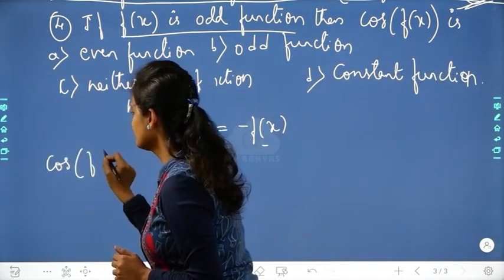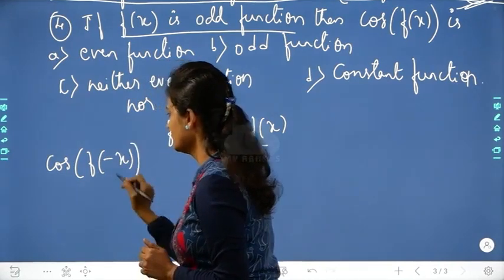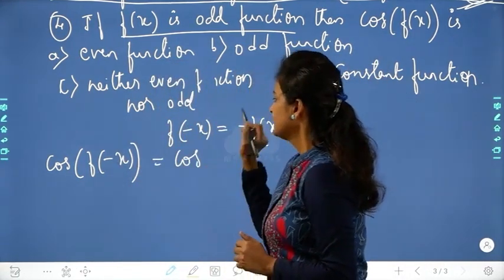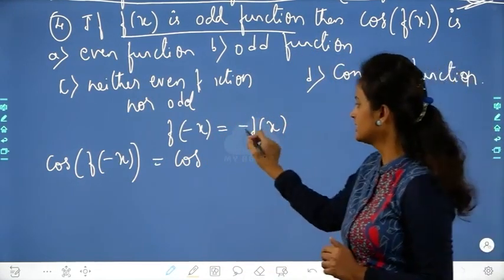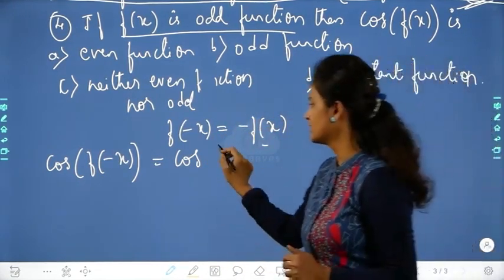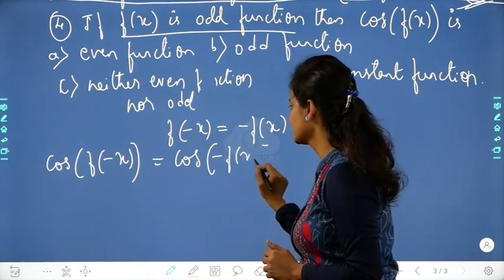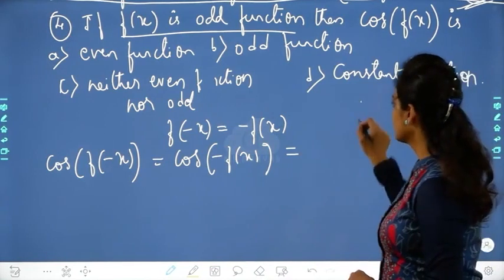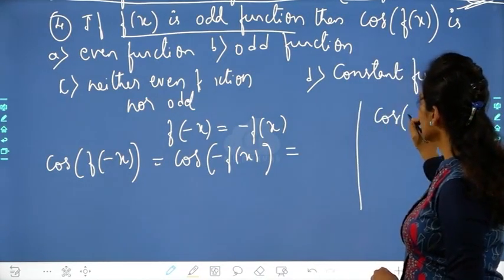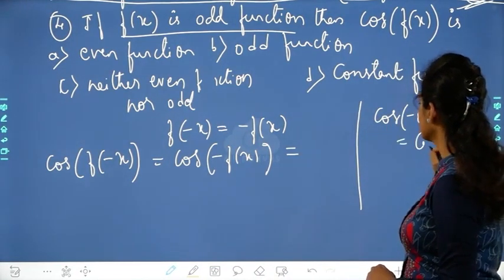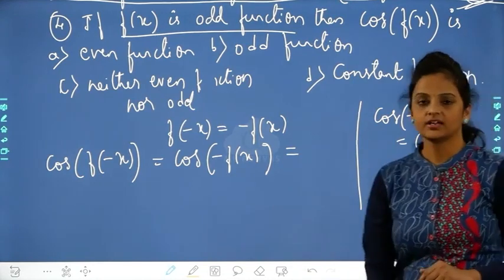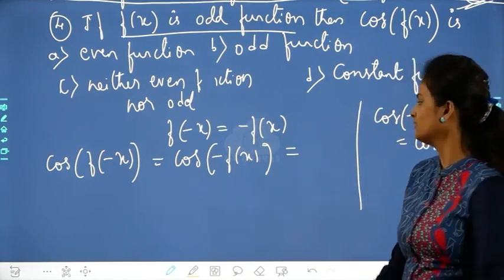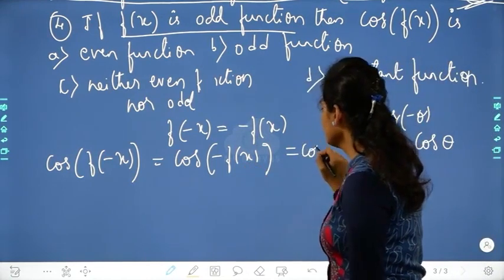Cos of f of minus x, if I take, what do I get? Cos of, if it is an odd function, then it is minus f of x. So I'll write cos of minus f of x. Cos of minus theta, by trigonometry we know that cos of minus theta is cos theta. That is the reason the negative will go off and I'll get only cos of f of x.